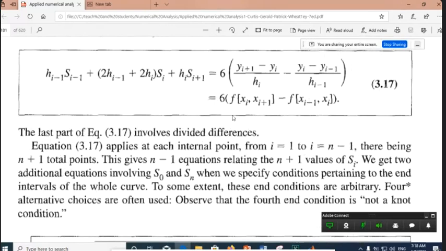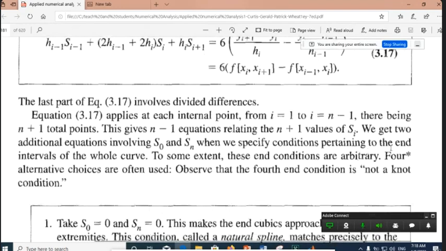From this equation, we can see that from points 1 to n minus 1, there are n plus 1 points. This gives n minus 1 equations relating the n plus 1 values of S_i.